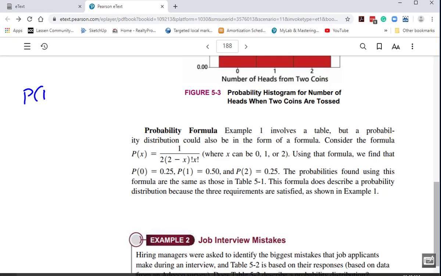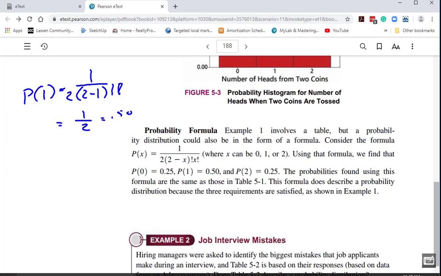So little x is equal to 1, and that's going to be equal to 1 over 2 times 2 minus 1 times 1 factorial. Does it work? Well, what's 1 factorial? That's right. So here we have 2 times 1, correct? So that's going to be 1/2, right? So it is an actual equation that tells you how it would fill up in that pattern.